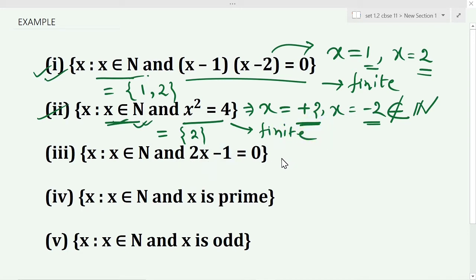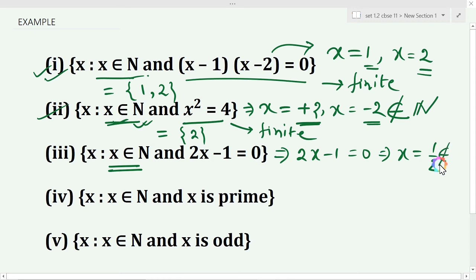Now this set, 2x minus 1 equals to 0, we get x equals to half. Now there is another condition that x must belong to N, but x is half, which does not belong to N. There is no other solution of x.